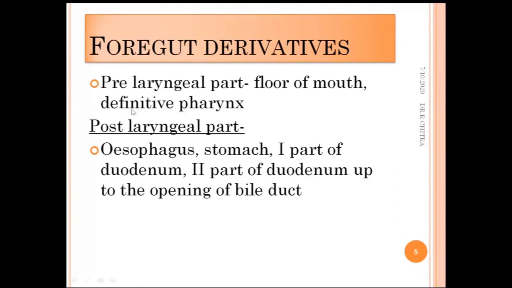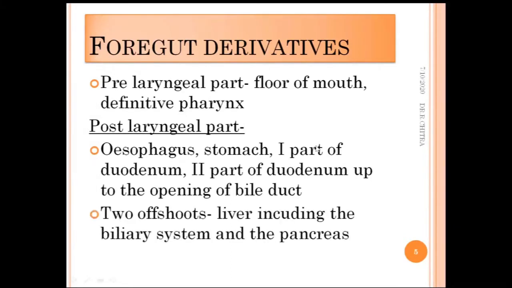Apart from the laryngotracheal tube, other derivatives of the foregut are now mentioned. In this postlaryngeal part, two endodermal buds also develop: the liver including the biliary system, and the pancreas. So these are developing as buds from this postlaryngeal part.